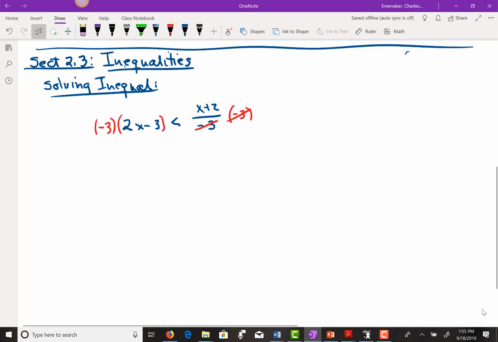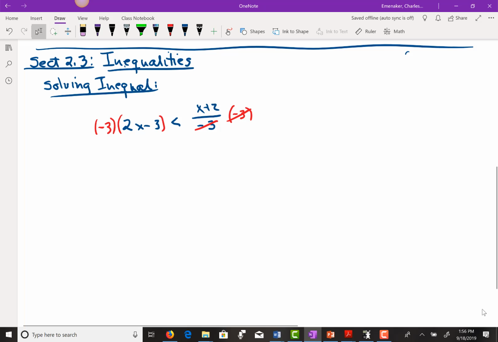And when you multiply or divide by a negative number, what else happens on an inequality? The sign flips, doesn't it? Any idea why? Well, because they said so. And because it kind of just sticks in my mind, the sign flips.